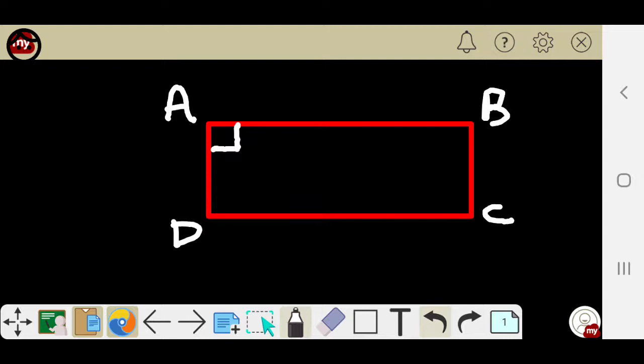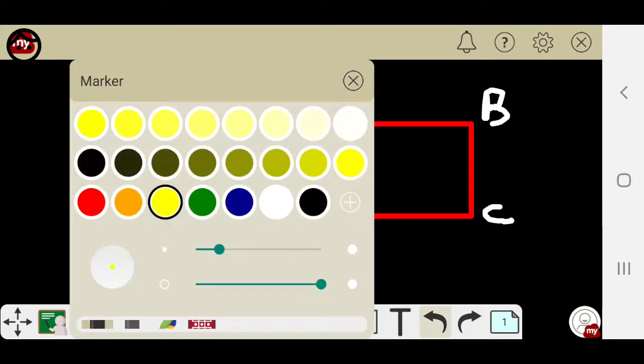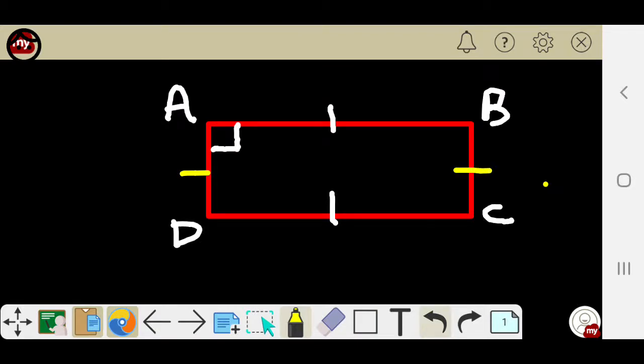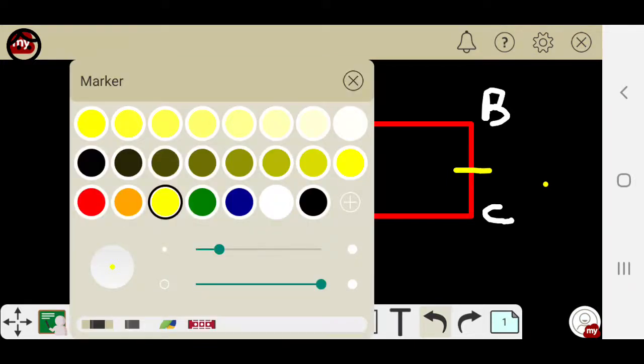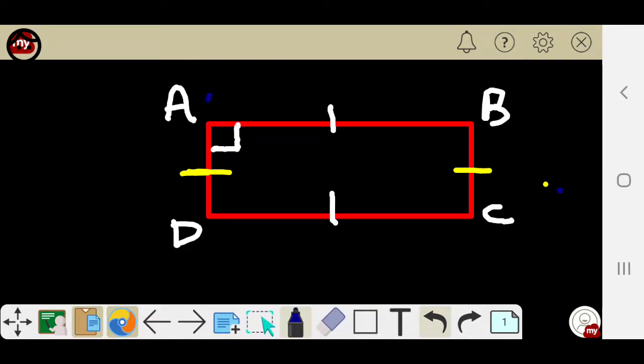ABCD is a rectangle means you know that the side AB is parallel to side DC and also the side AD is parallel to the side BC, because it is a parallelogram itself. Then AB and DC are two parallel lines and also we can consider the side AD is its transversal.